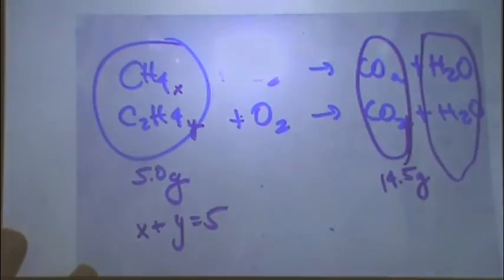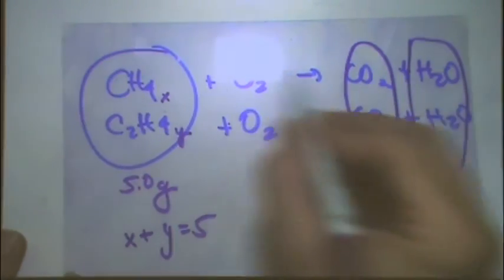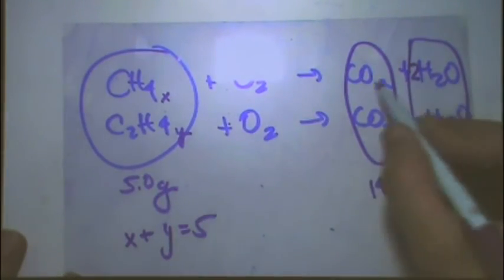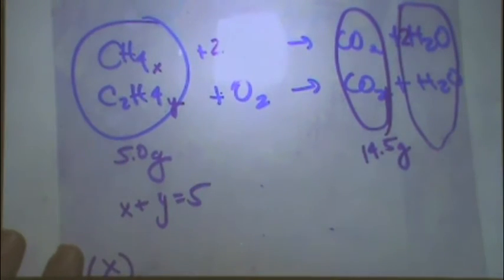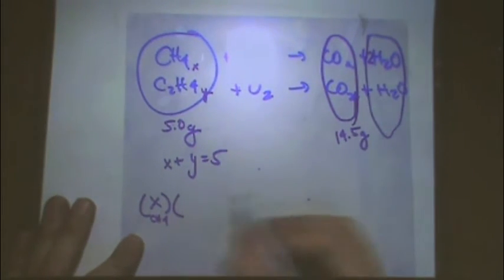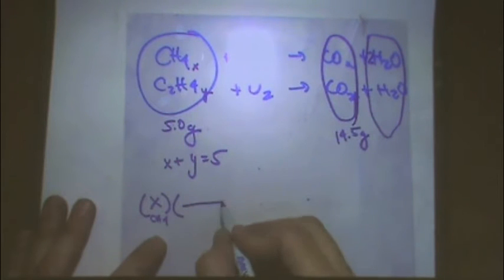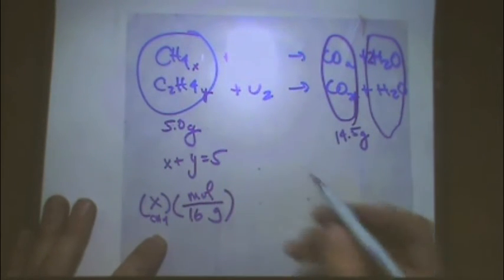So what I would do is say, well, X, that's for CH4. Oh, I need to balance it, shoot. This is 2, that's 1, 2, 3, 4, okay, 2. There we go. So this is CH4, remember? Oh, sorry. Okay, this is CH4, and that's mass. So I need to convert to moles. I think for CH4, 16 grams per mole.